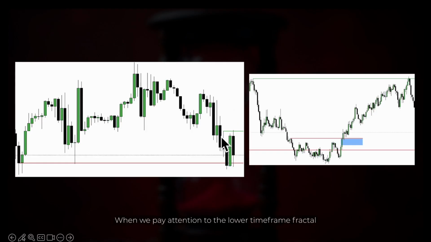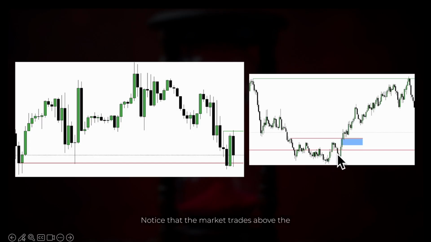When we pay attention to the lower time frame fractal, you can see that the market expanded towards the downside right here. Consolidation takes place. The market expands lower once more and we see time distortion take place, where the market is simply waiting. It's waiting for the right time before that buy program is allowed to take place. Notice that the market goes sideways around the price level of the high of that rejection block and eventually we see displacement towards the upside.